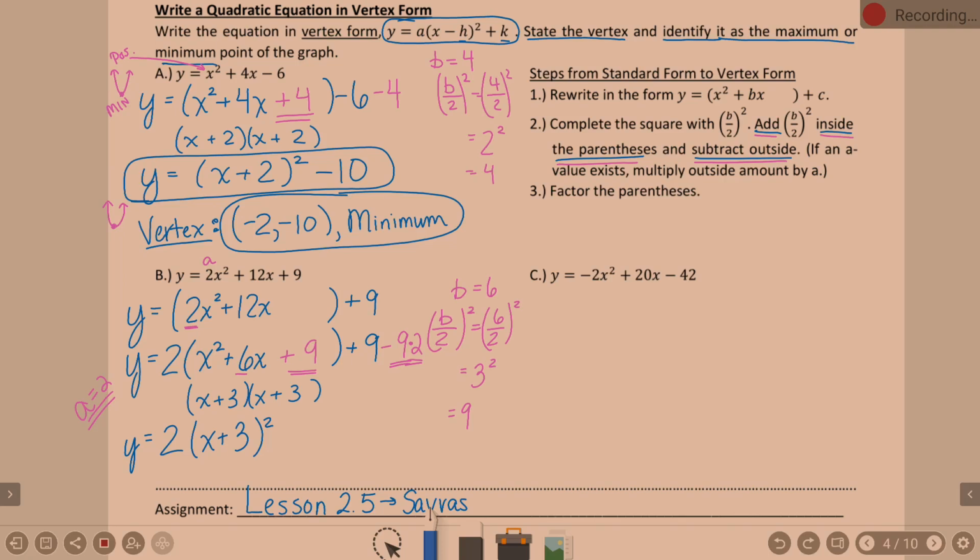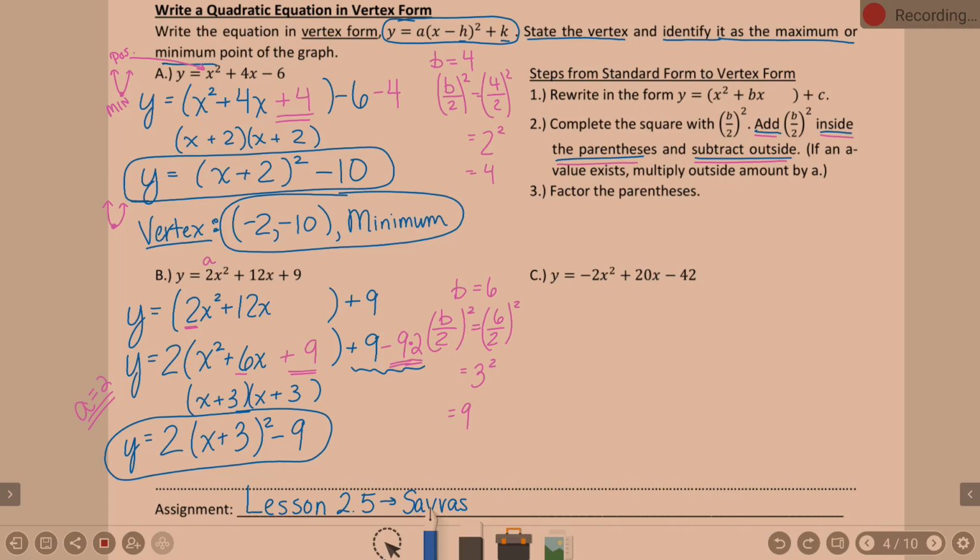What goes out back here? It's 9 minus 9 times 2. Well, 9 times 2 is 18. 9 minus 18 is minus 9. Okay.